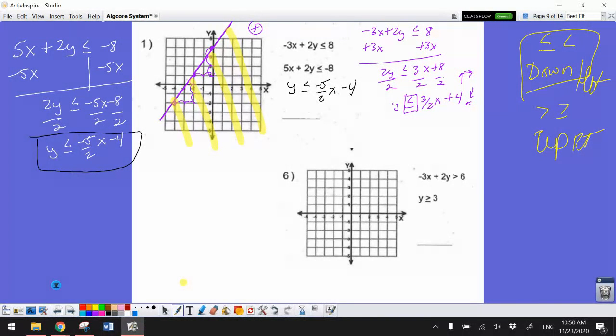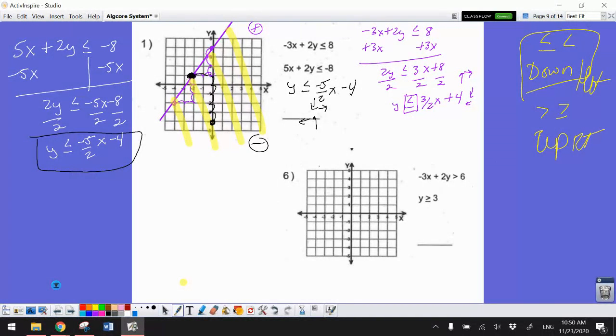So negative 4, 1, 2, 3, 4. And I know that my line is supposed to be going towards the negative, but I cannot go down. So instead of going down and to the right, I'm going to go up and to the left. So 1, 2, 3, 4, 5, and 1, 2. I see that I have my intersection point. So let me go ahead and draw that line.